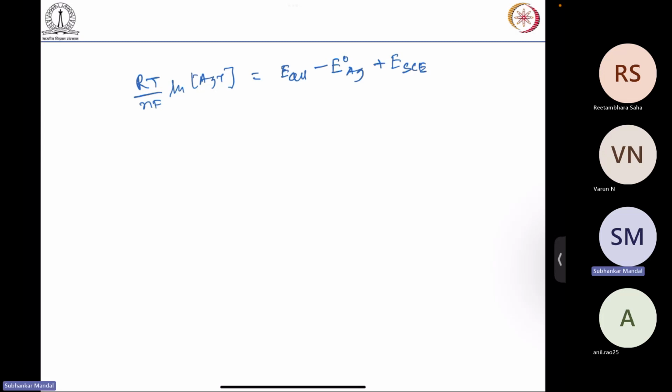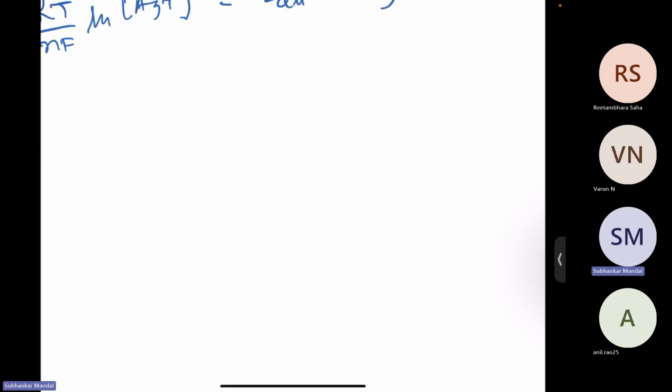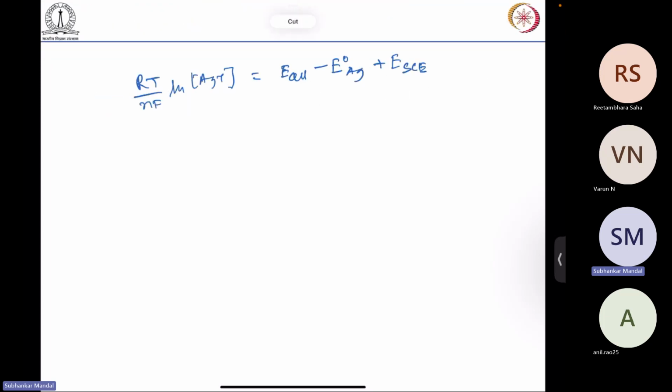This E cell value is given. So ln of Ag plus is E cell minus E naught of Ag plus plus E saturated calomel electrode, divided by RT by nF.